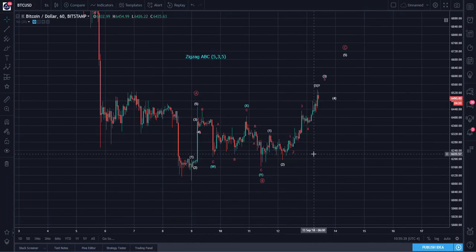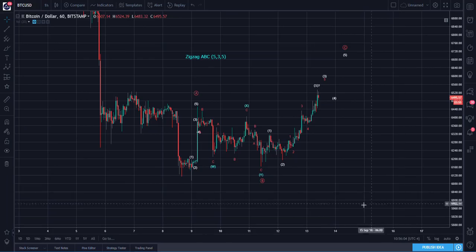It'll just look a lot more confusing and messy. But this is the surgical dissection of what I think might be a zigzag form of an ABC correction of 5, 3, 5. So 5, 3, 5. Like I said, there are many ways to count one sequence.